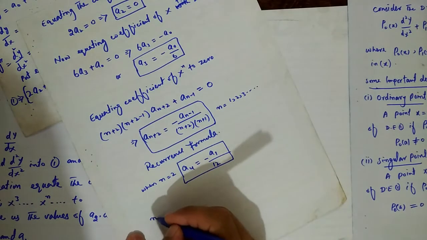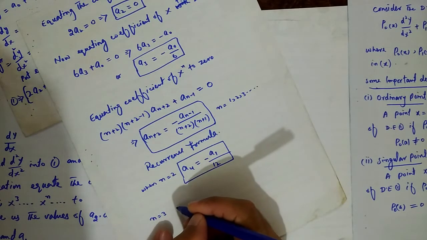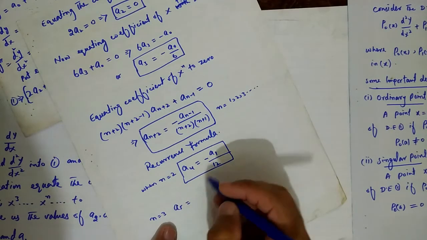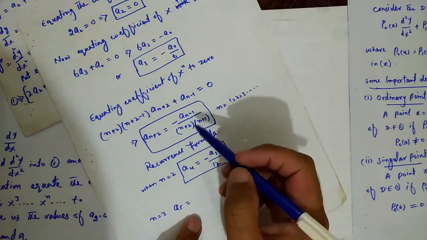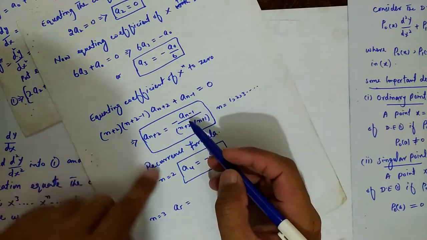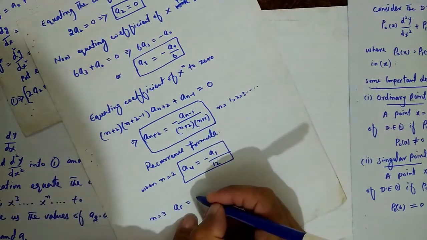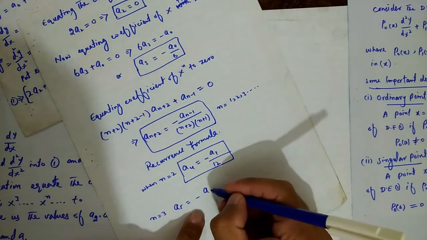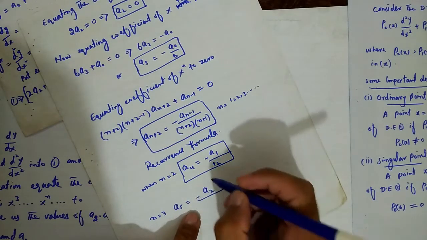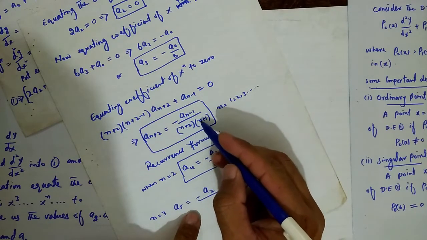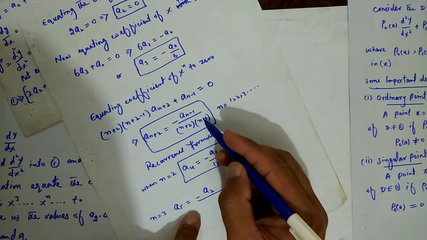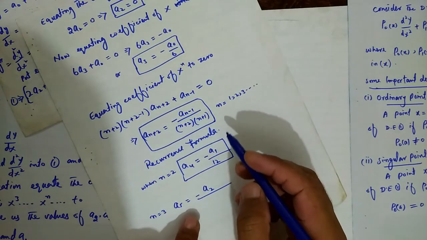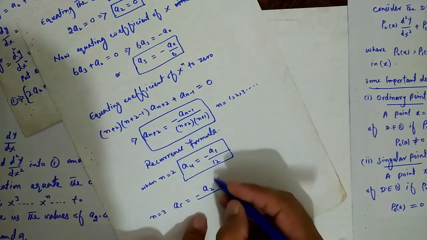And for n is equal to 3 we will get a5, as this will be minus, 3 minus 1, that will be a2 divided by 3 plus 2, 5, 5 times 4, so it will be 20.